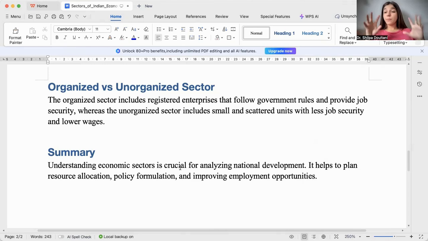We can define policy formulation for each sector, and we can also improve employment opportunities for the people of the country. So understanding the sectors of the economy helps rule out mismatches and contribute towards national development.